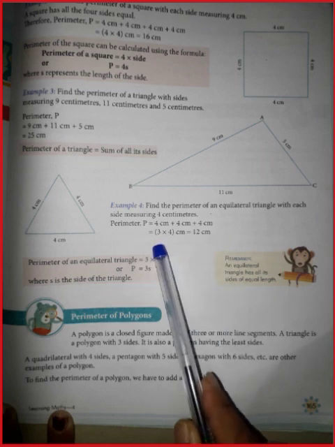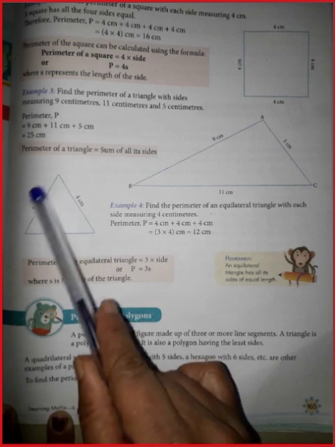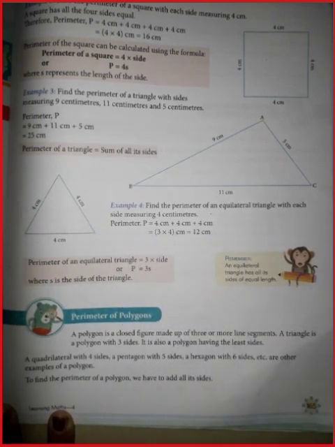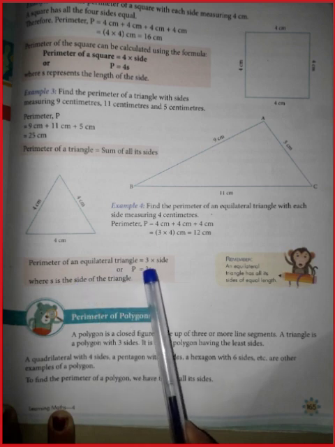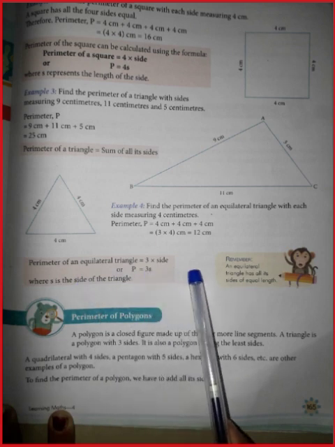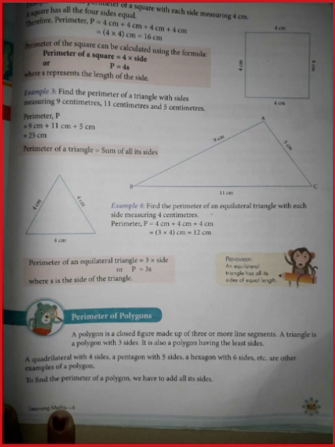But if we do like this, 3 multiply 4 centimeter will also give the same answer. Because an equilateral triangle has all its sides of equal length. So repeated addition means to say multiplication. So perimeter of an equilateral triangle is equal to 3 multiply side. Fine.